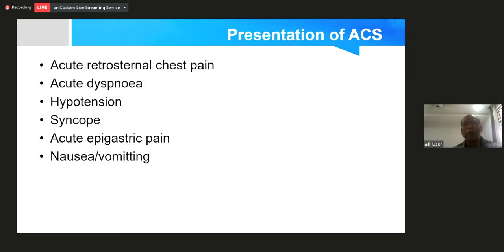When you inspect the patient, they look almost doom-like, pale, with a feeling of impending doom. The lungs can be normal or in heart failure. It depends on the degree of the block and the timing when the patient actually comes to you. Okay, next slide, please.